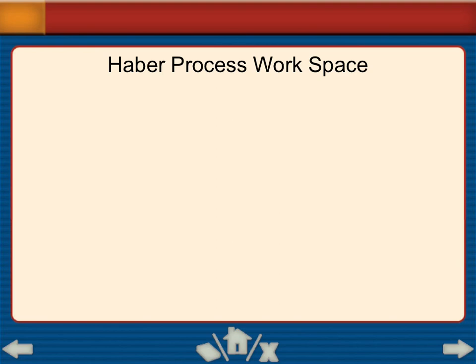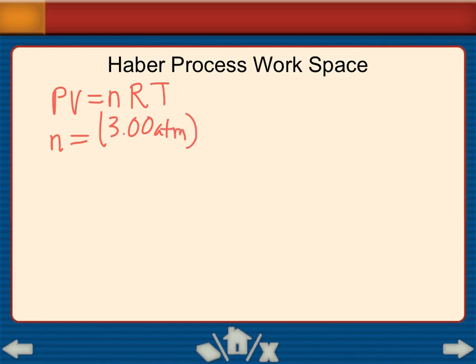Okay, so let's start. We have PV equals nRT. We are going to solve for n, the number of moles of ammonia. We have 3 atmospheres. So n is equal to PV over RT, which is 3 atmospheres times 10 liters of ammonia, the number we got from the volume to volume problem.